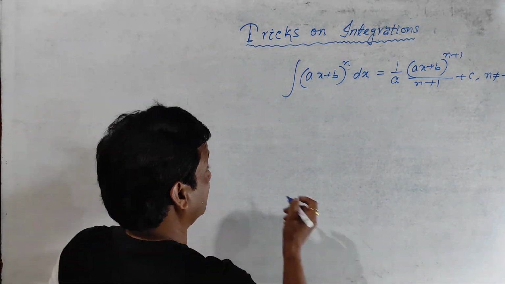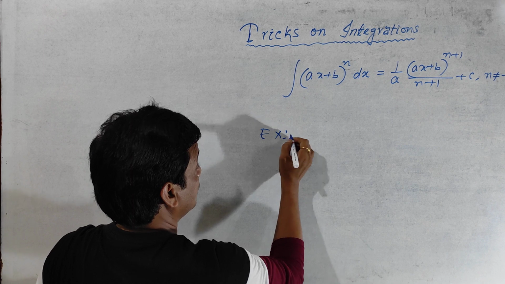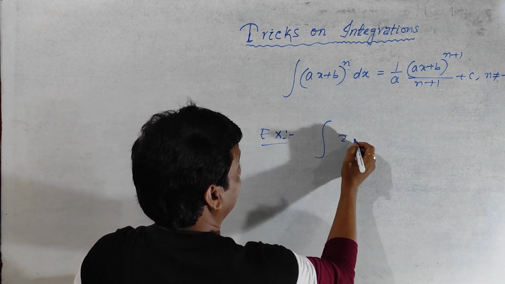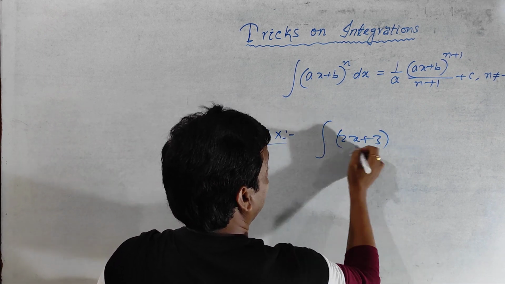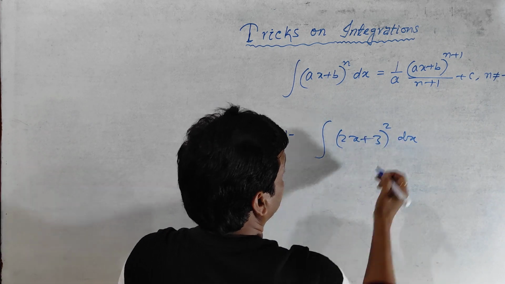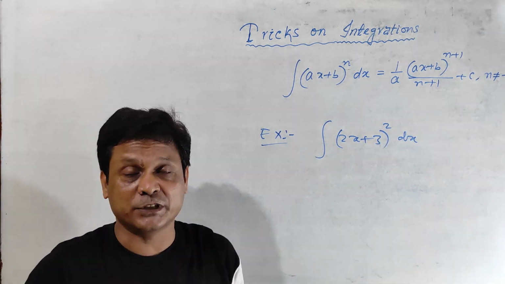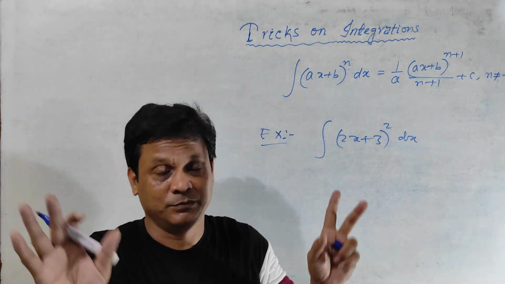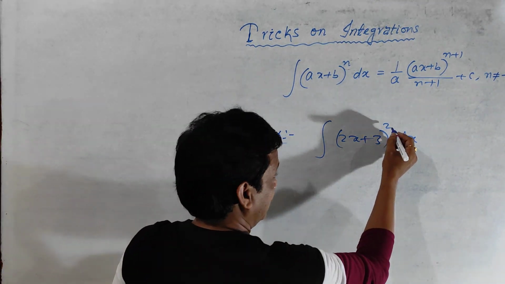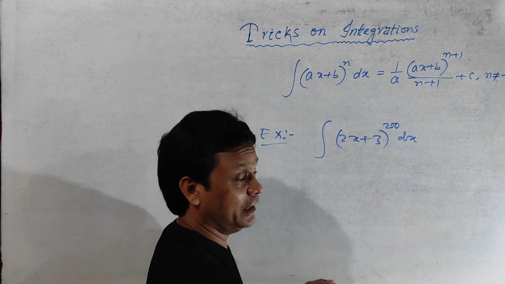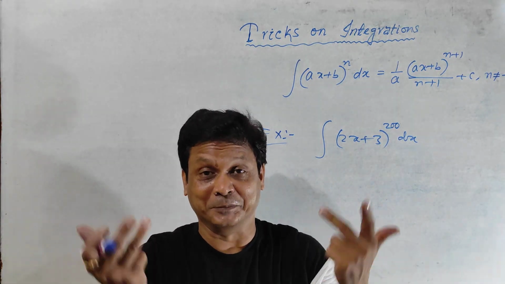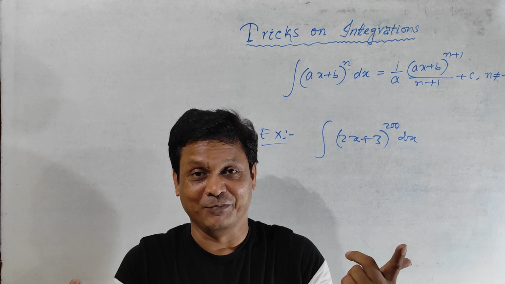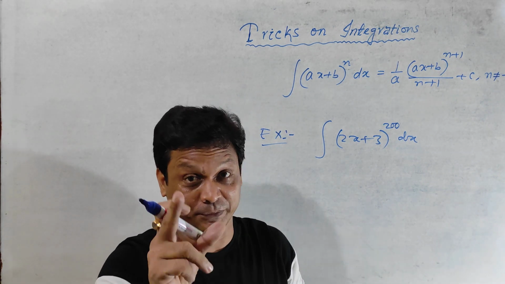Notice, I am giving an example. Some students will think, sir, I will expand this one, I should apply a plus b whole square, then I will integrate. But if I give you a power of 200, you would apply the binomial theorem and expand it. How many terms will there be? 201 terms.